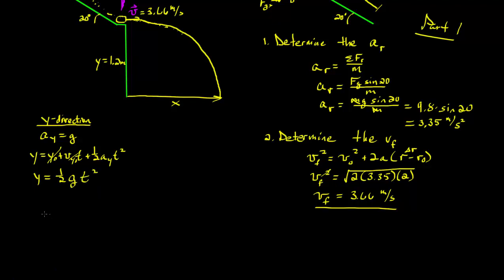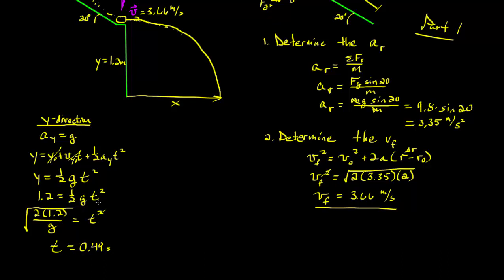The y is 1.2, so we get 1.2 equals 1/2 g t squared. So we multiply that by 2, so we get 2 times 1.2, and then divide by g, and that's t squared. So I just multiplied the 2 over and divided by g. Now to get rid of the square, we take the square root. So the time in this case is going to be 0.49 seconds.